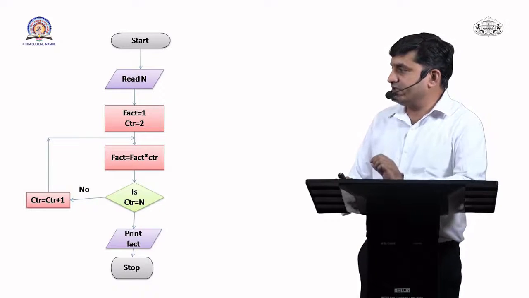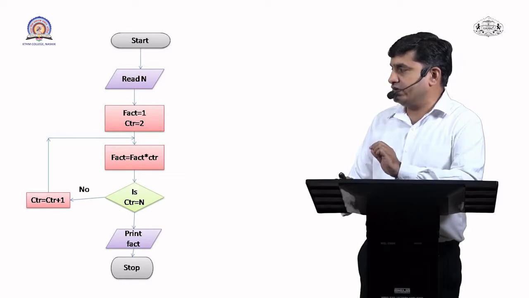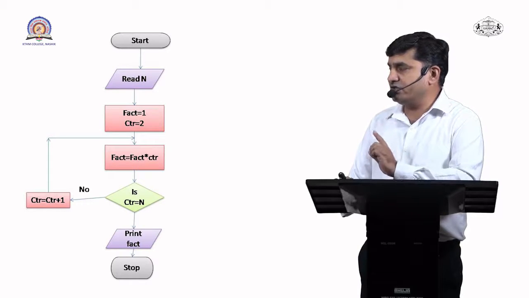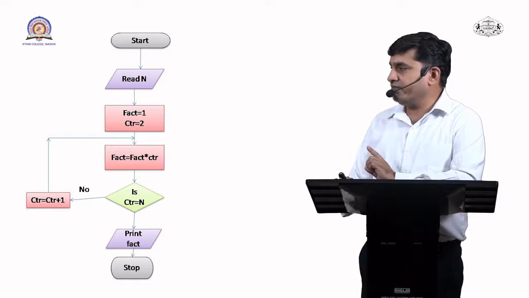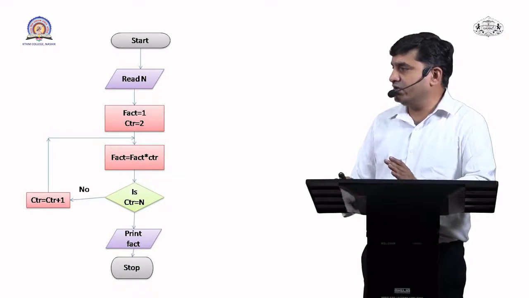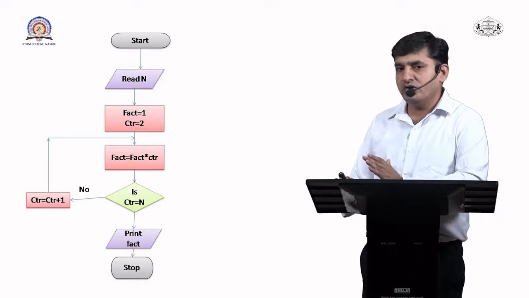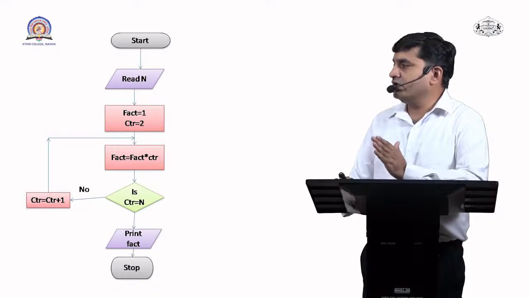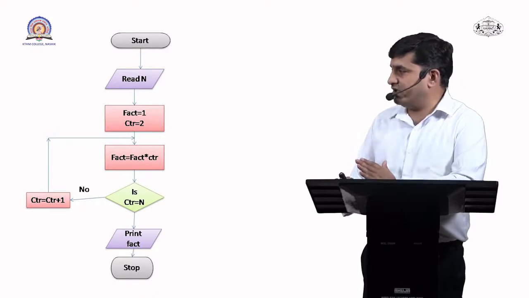First, fact is equal to 1. So 1 into 2, it became 2. Counter is equal to n? This condition is not satisfied. Counter is incremented by 1, so it became 3.